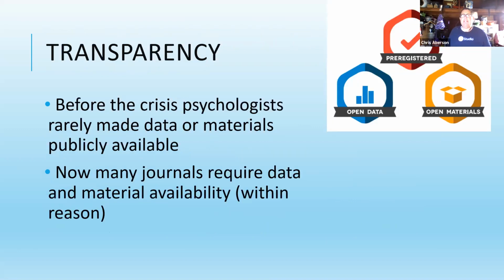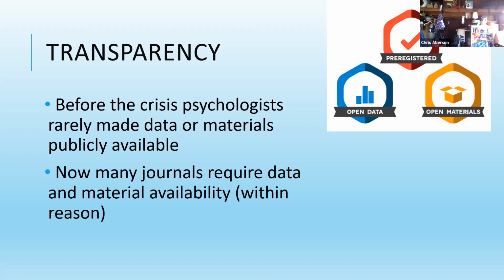All right, the first leg, transparency. Before what we call the replication or reproducibility crisis, psychologists rarely made their data or materials publicly available. And that's really starting to shift. First, we saw journals that were offering open science badges to kind of incentivize the sharing of data. And now what we're seeing is publishing societies, the big publishers, are starting to push on this.